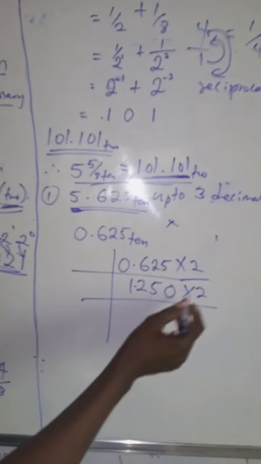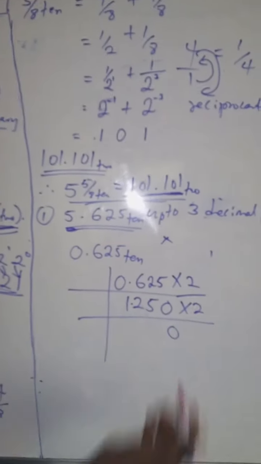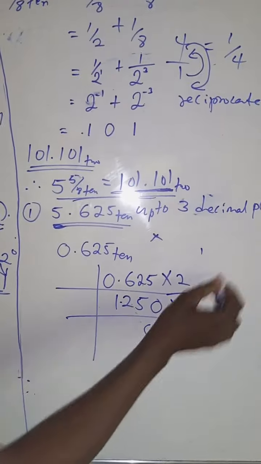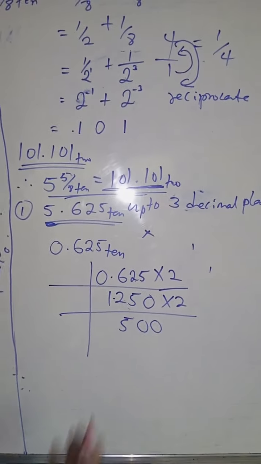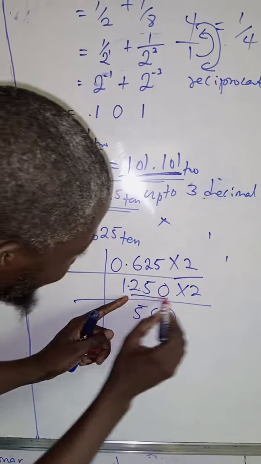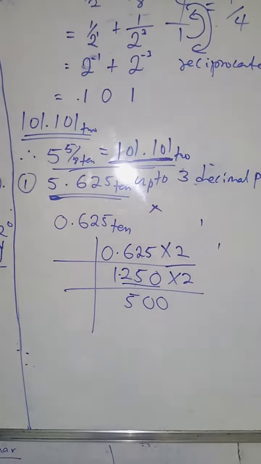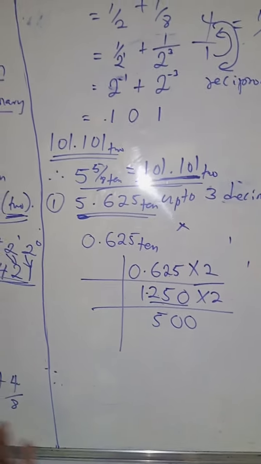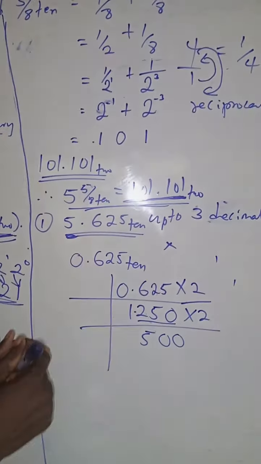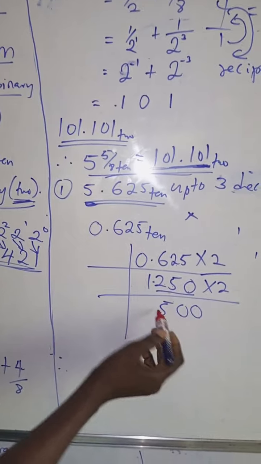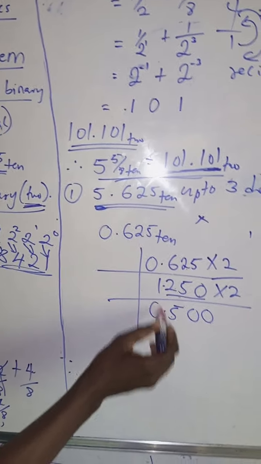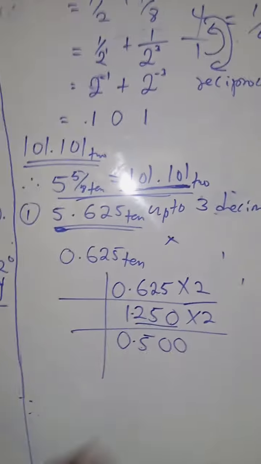Okay, let's multiply the second one. This will give me 0, of course, and this will give me 10. I take 1, and this will give me 4, making 5. So I am concerned with the number after the point, not the one before. So this one now, if I am to count, I will count 3, isn't it? 1, 2, 3. They said 3.